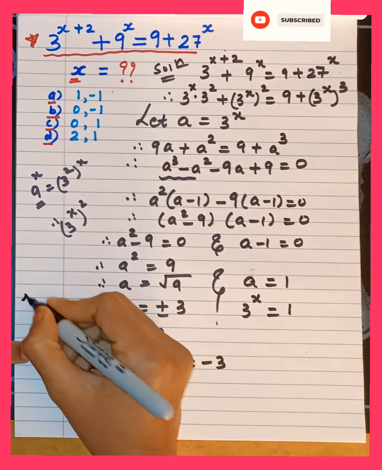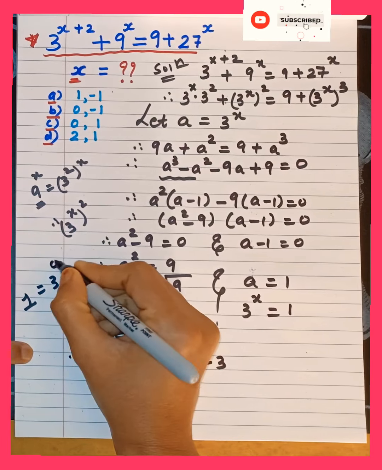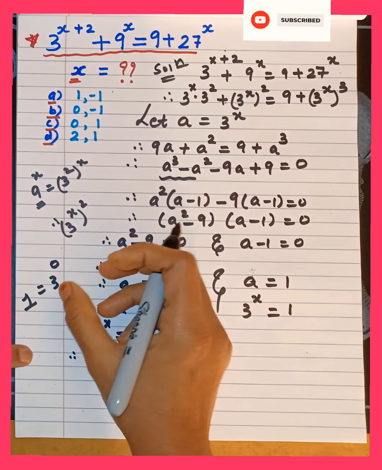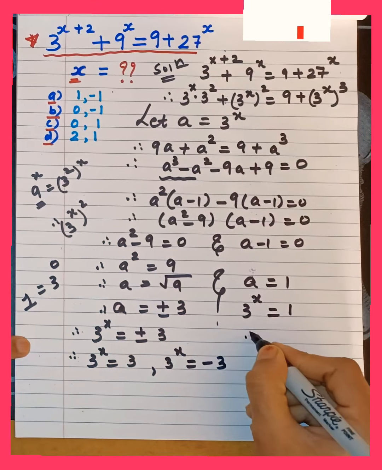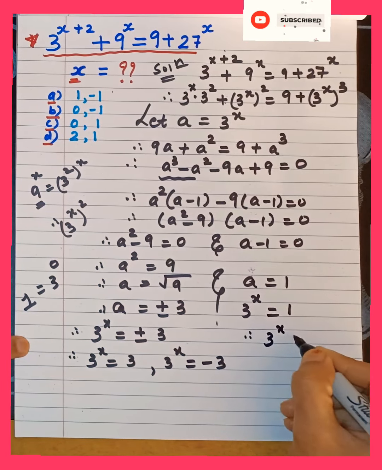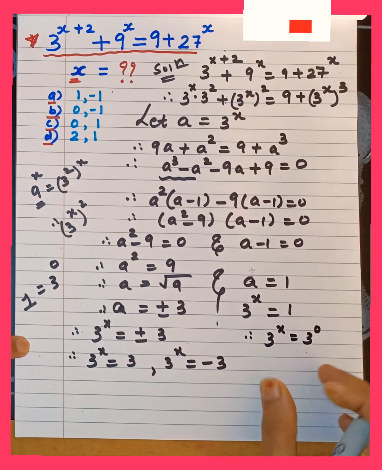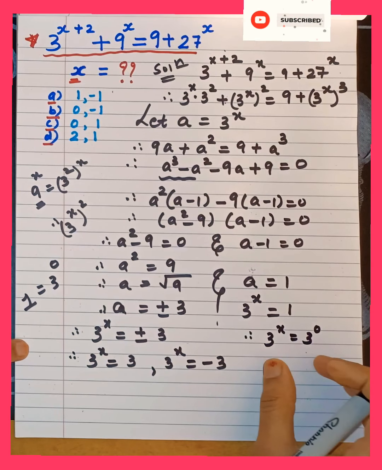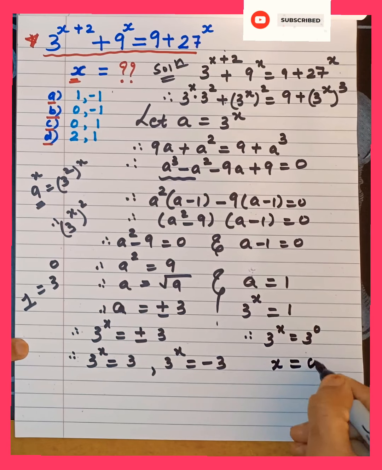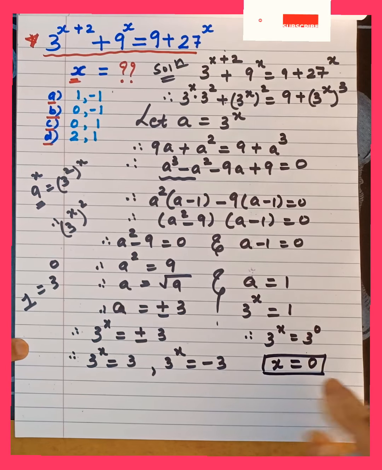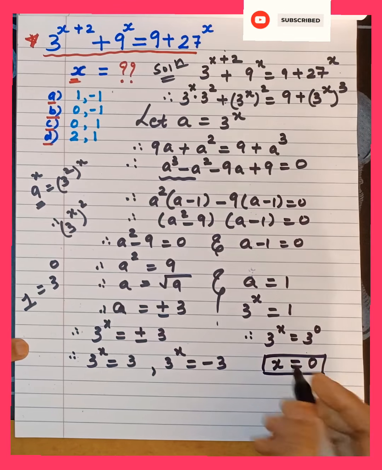In place of 1, I can write 3 raised to 0, because anything raised to 0 is equal to 1, applying the rule of power and exponent. So 3 raised to x equals 3 raised to 0. Now on comparing you can see that x is equal to 0. So this side we got the value.